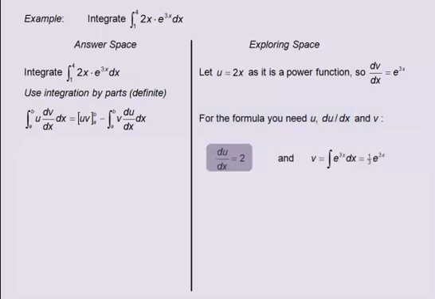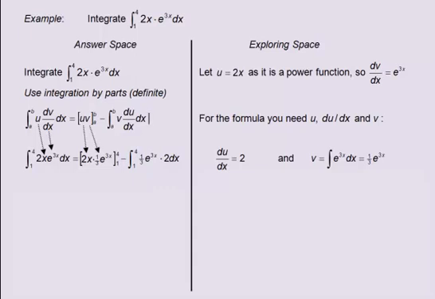Differentiating u with respect to x gives du by dx equals 2 and v equals the integral of e to the 3x with respect to x, which equals 1/3 of e to the 3x. Putting these results into the integration by parts formula gives u is 2x, dv by dx is e to the power 3x. So again, u is 2x, v is 1/3 e to the 3x, and du by dx equals 2.